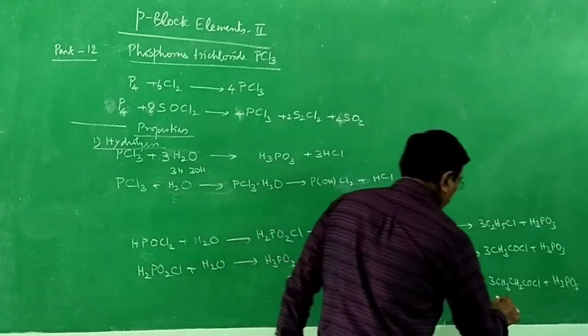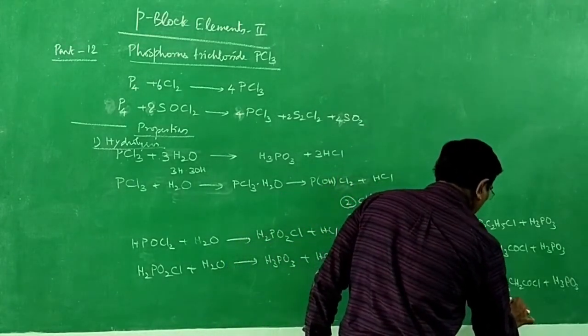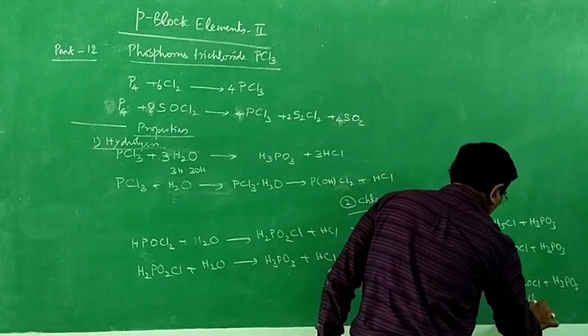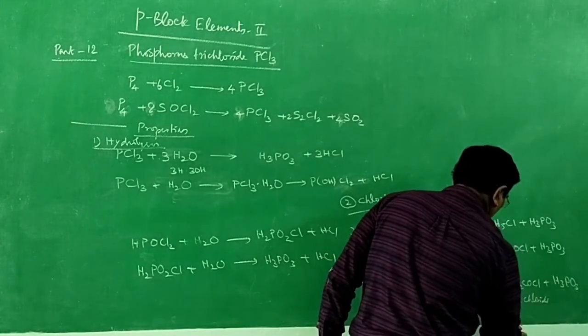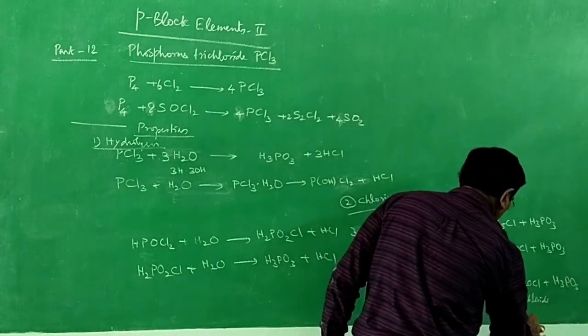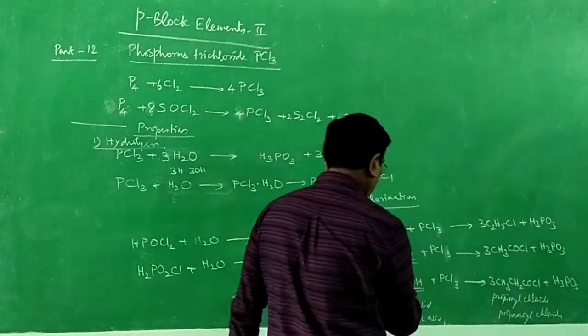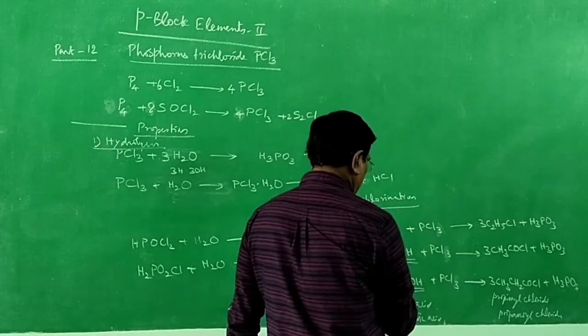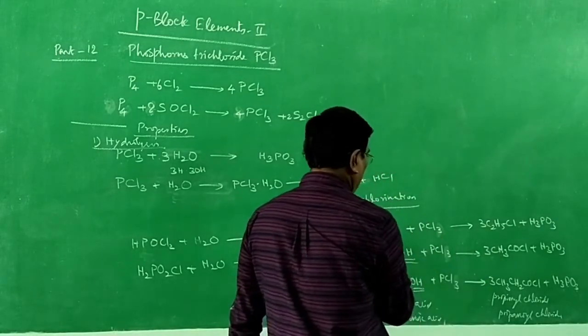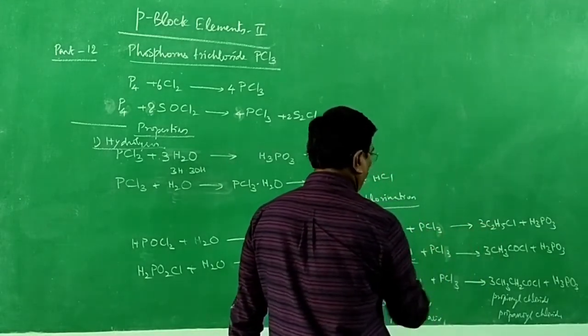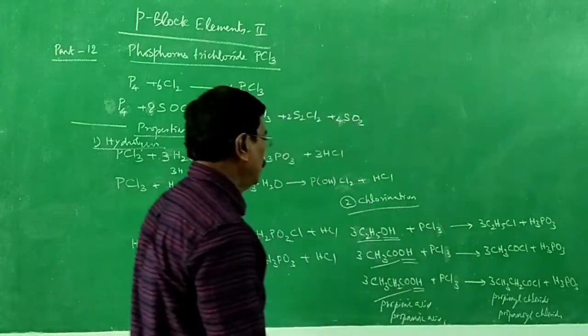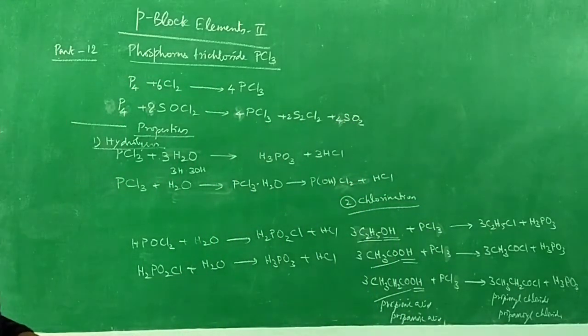You will be getting propionyl chloride or propanoyl chloride. Likewise here, ethanoic acid, ethanoyl chloride. Acetic acid, acetyl chloride. Ethyl alcohol, ethyl chloride. Ethanol, chloroethane. So that is about the chemical properties of PCl3.